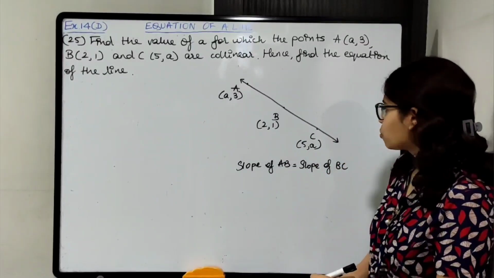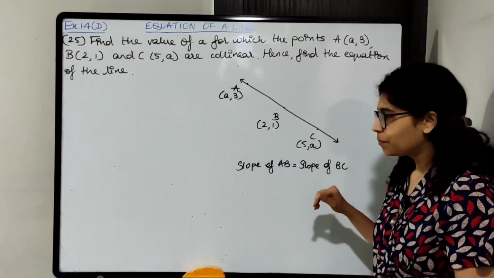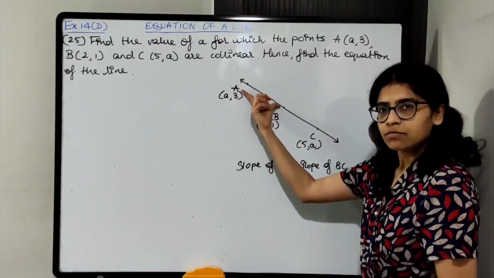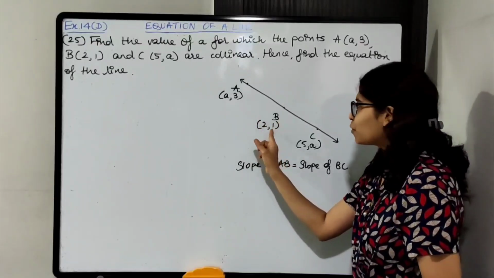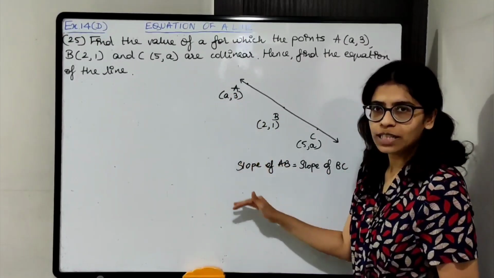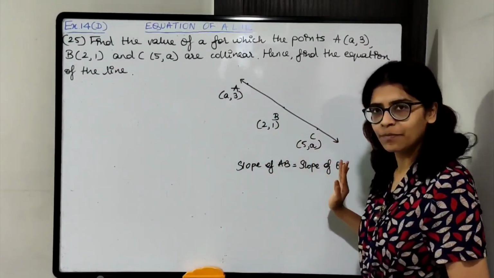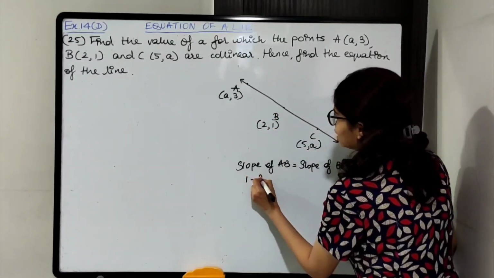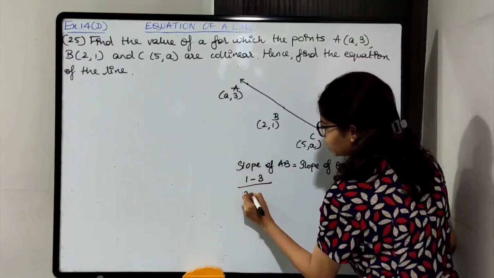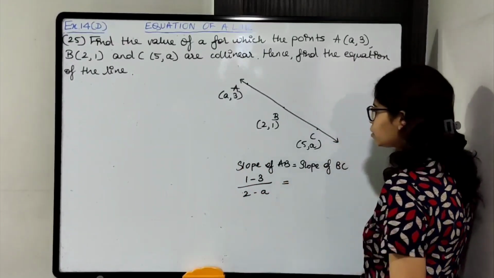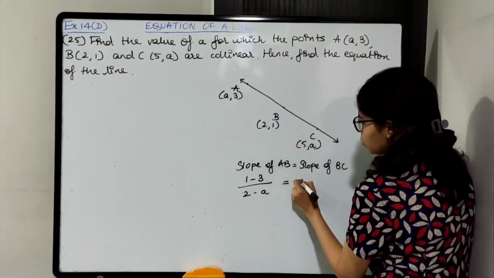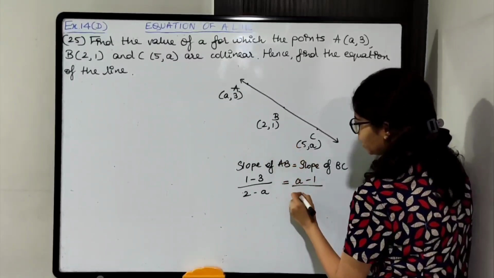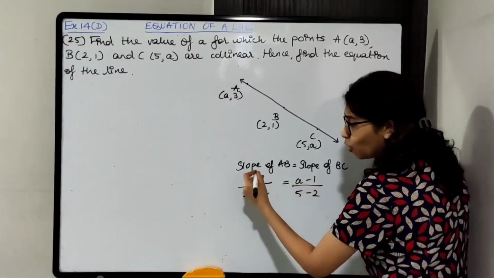Okay, so I'll be taking AB and BC. AB के लिए you know how to solve. First subtract y coordinates, then x coordinates in denominator. Same thing यहाँ पे. Okay, so we'll get 1 minus 3 upon 2 minus a equals to a minus 1 upon 5 minus 2. Solve this.